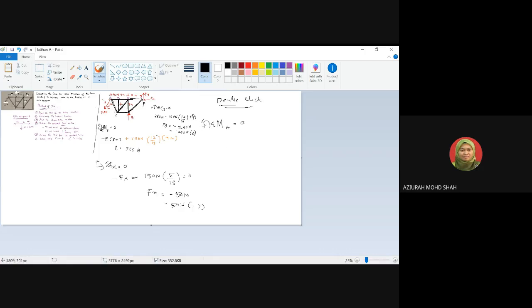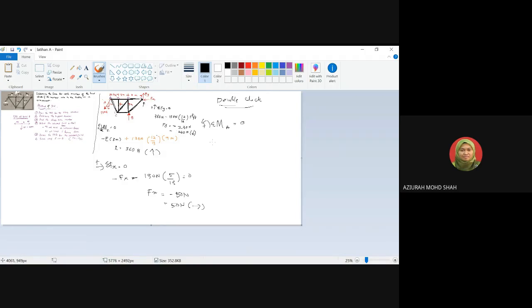Okay. So 130 Newton you don't have to include in your moment equation. So you just need to include E and Fy lah. So dalam case ini, E dah betul lah, 300 Newton memang betul ke atas.